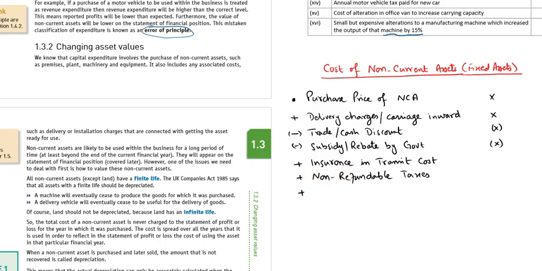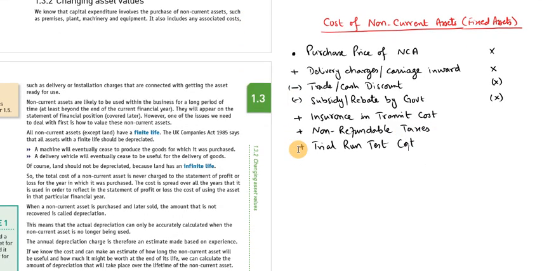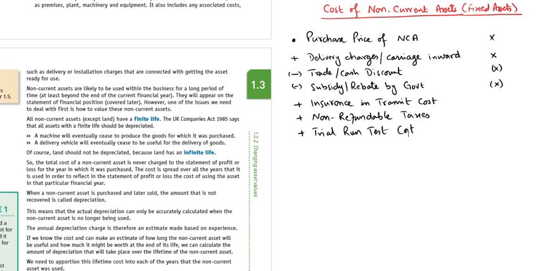Then you can say the trial run test cost, either the machine is working or not, so the cost which we bear in the running of the machine will also be part of the non-current asset.